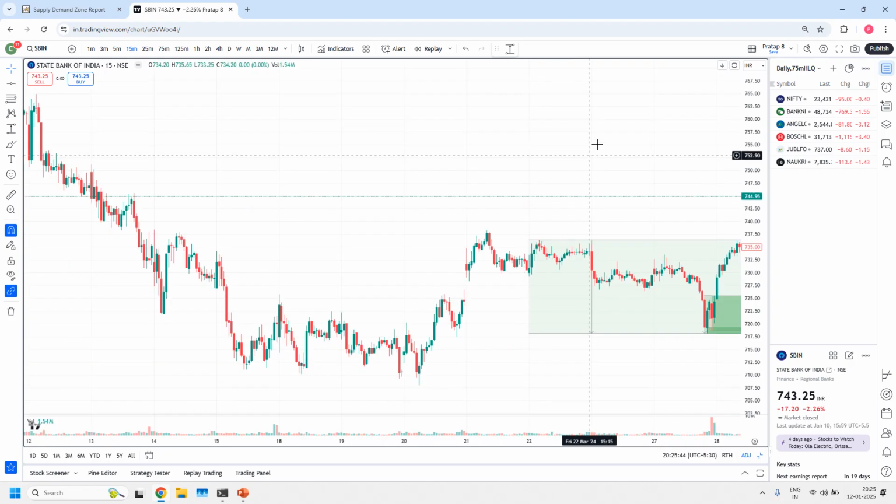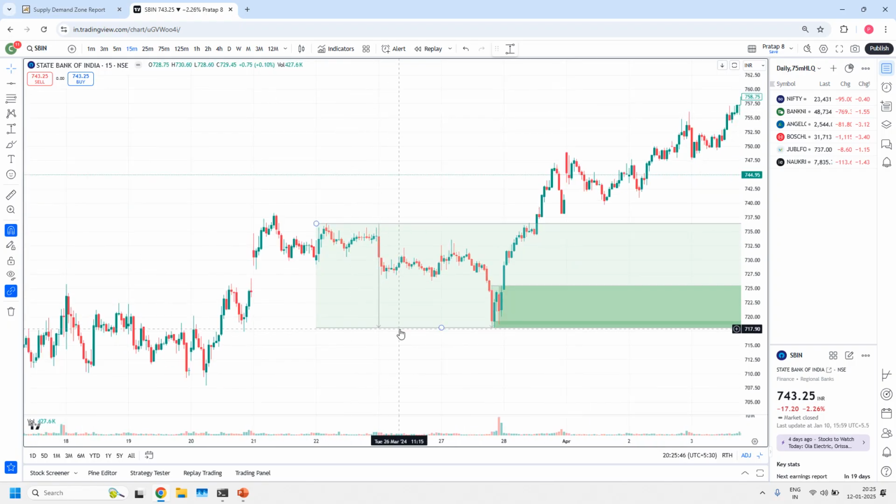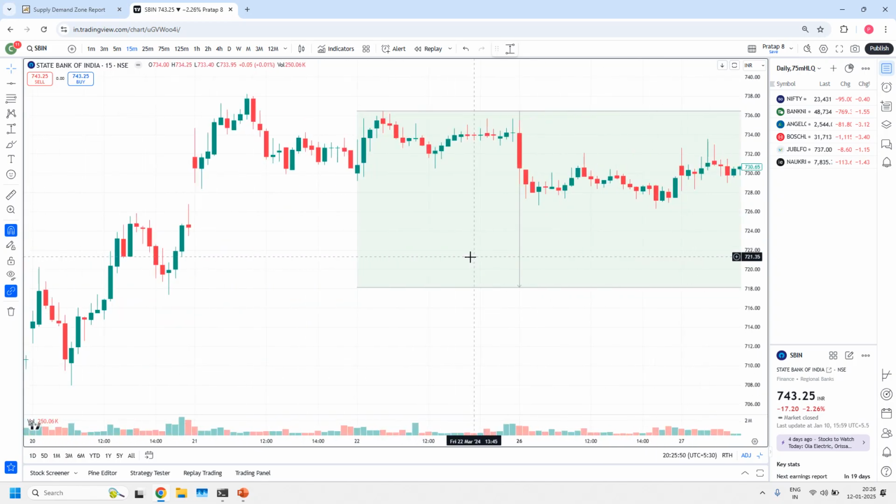Sometimes what happens, in 15 minutes there might be a zone available. How about drop base, 3 base candles rally, can we consider? A little. But again, LOTL is the rally base rally. This is not overlap, but this drop base rally, both are intersecting each other.